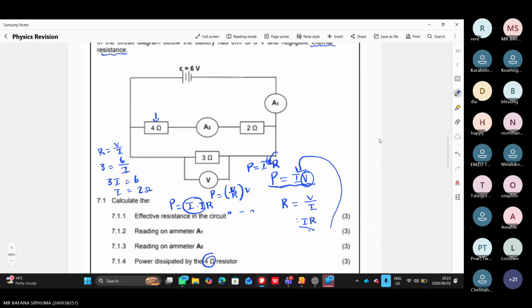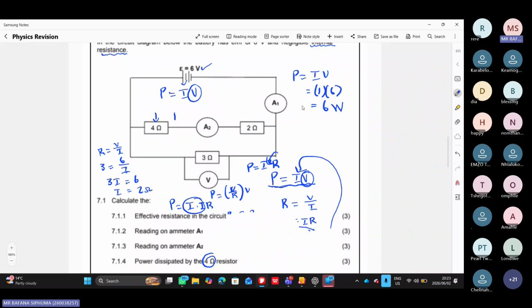So the simple way to get these 3 marks, you can just say P is equal to IV, right? What is the current? We found out that it was 1. And the voltage was 6. So for these 3 marks, you need to write the formula P is equal to IV, then your current is 1, then your voltage is 6, of which your power is 6.